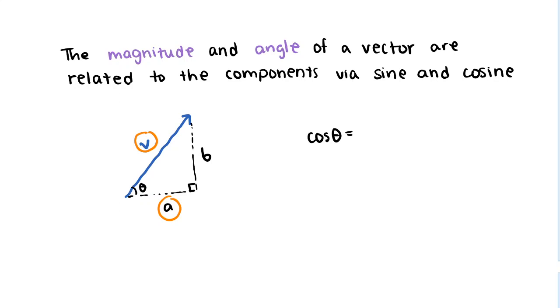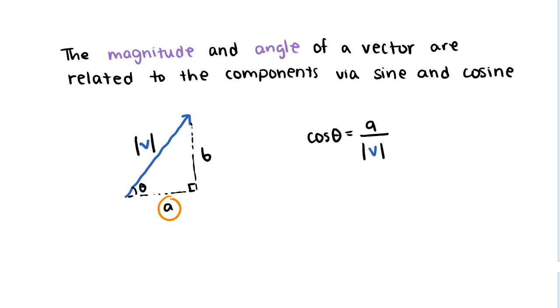It's not divided by v, but by the magnitude of v, if I'm really trying to think of that quantity as a length. So cosine of theta would be A, the horizontal component of our vector, divided by the hypotenuse of this triangle, that's the length of the vector, so the magnitude of v.